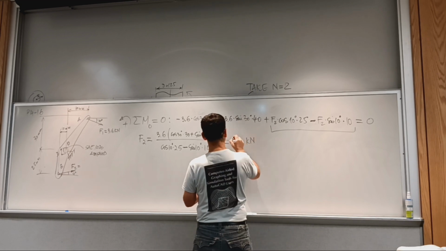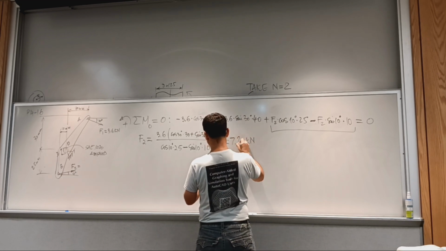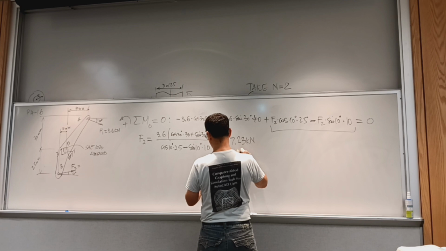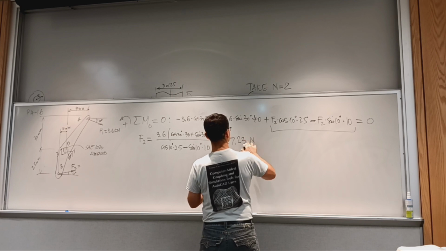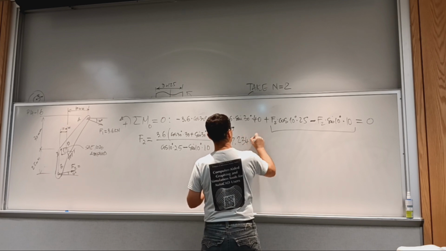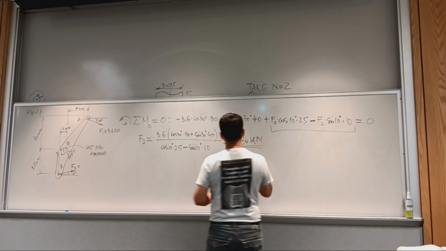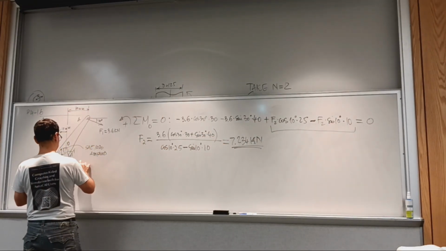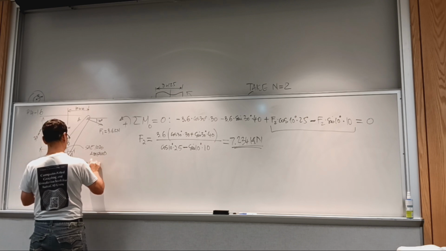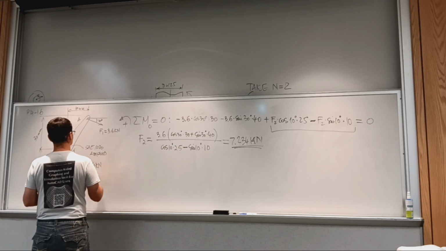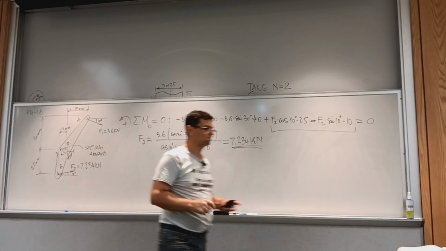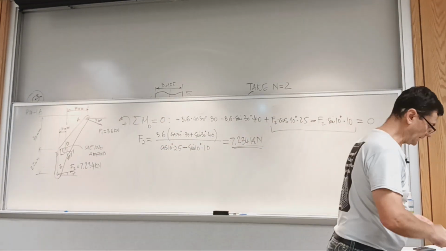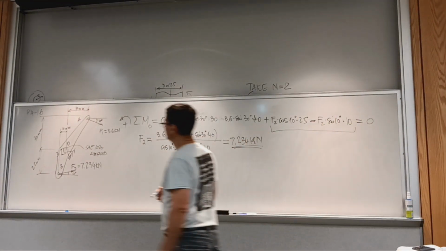So a bigger value, 7.234 kilonewtons. Okay, so we've got the unknown force. I can even put it here, 7.234 kilonewton. And now we can do a free body diagram to calculate the reaction.